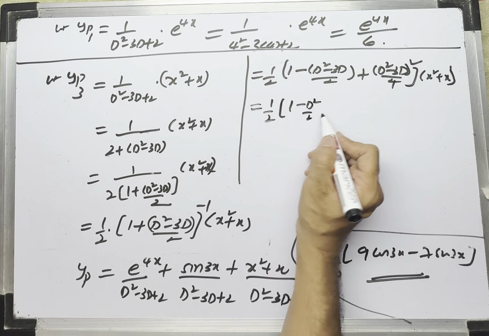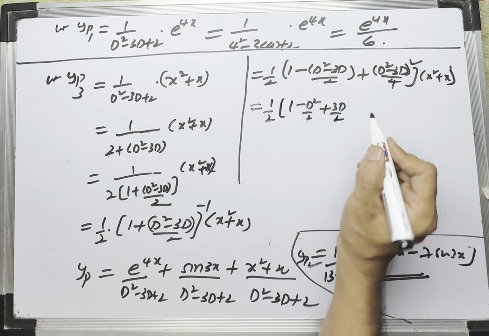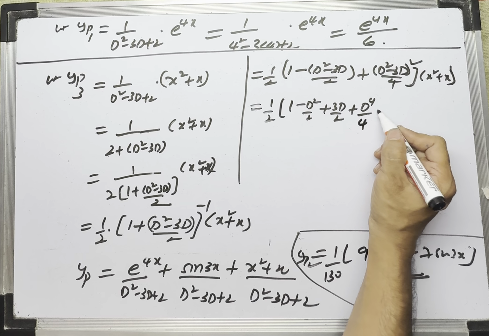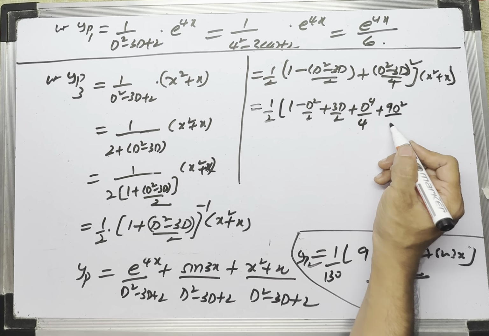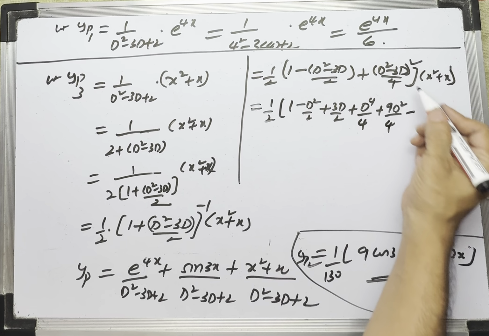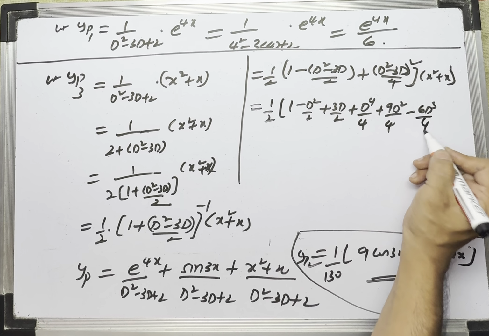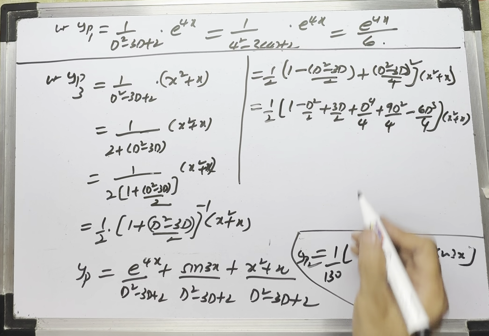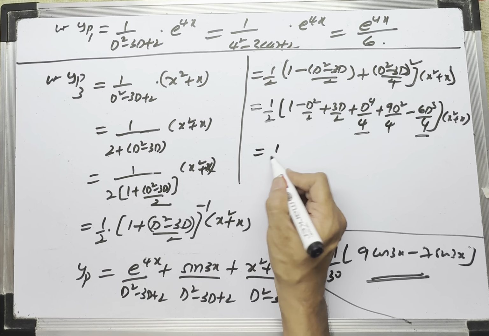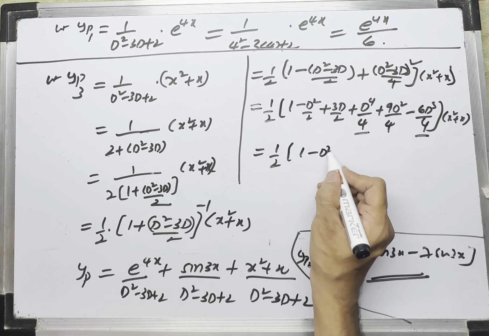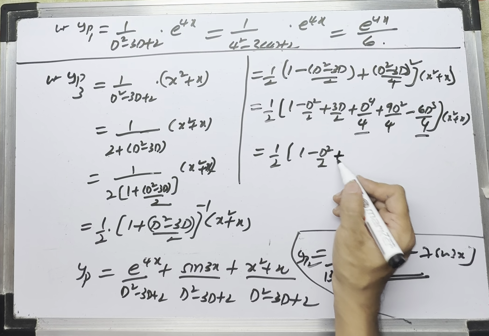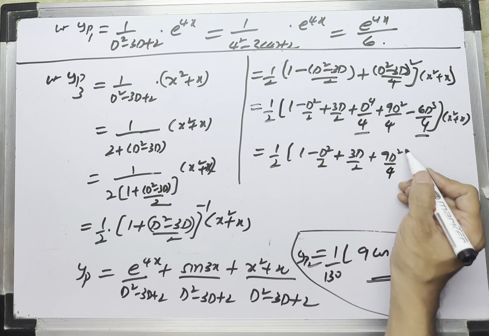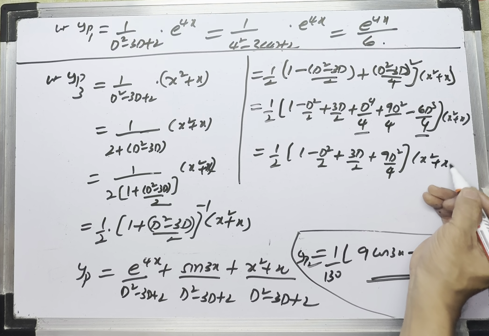Minus is given to the first value, minus is given to the second value, and the denominator is given: a square plus b square minus 2ab, 2 into 3, 6 D cube divided by 4, into x square plus x. Ignore highest degree values. I am ignoring these two. So what I got: 1 by 2, 1 minus D square by 2 plus 3D by 2 plus 9D square by 4, into x square plus x.